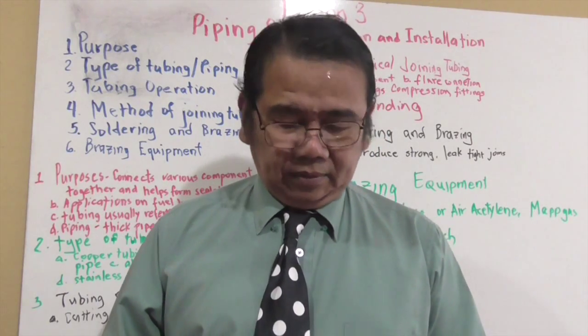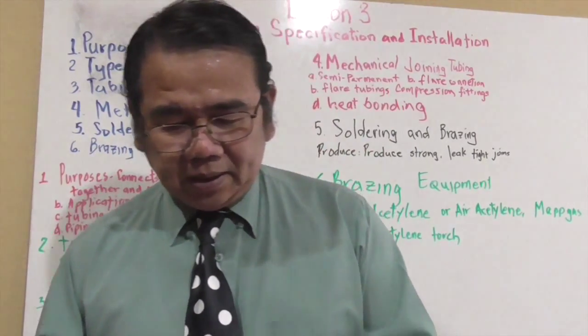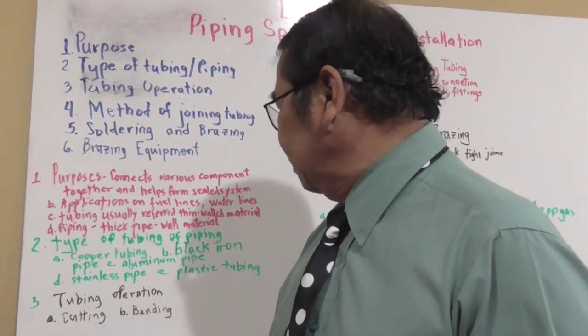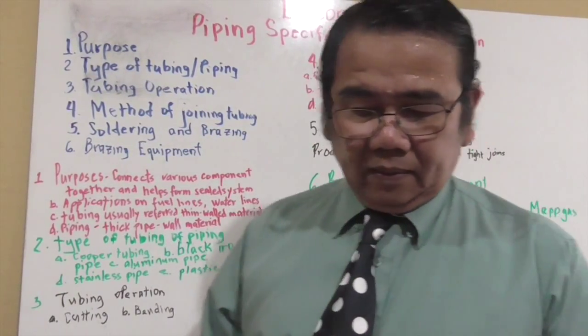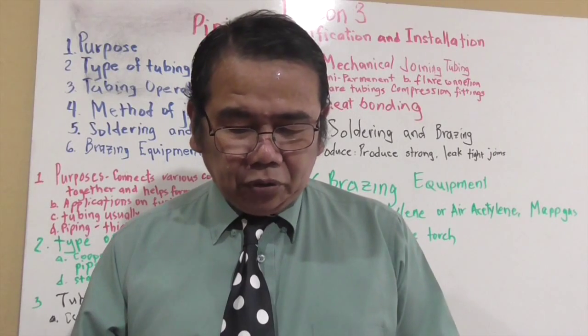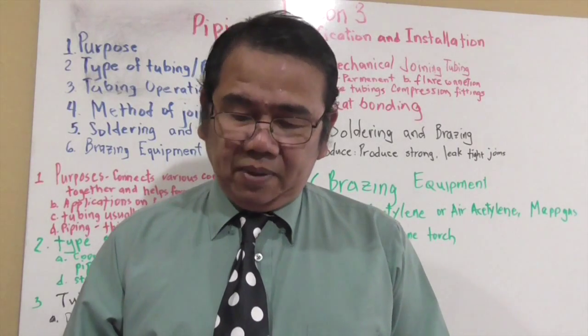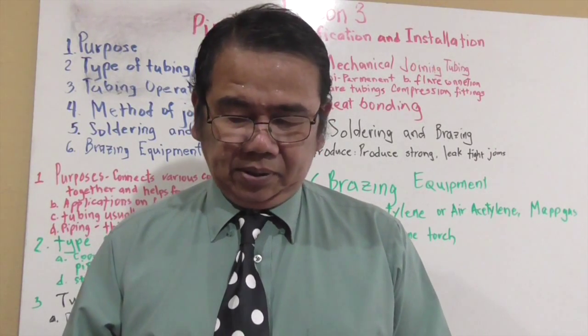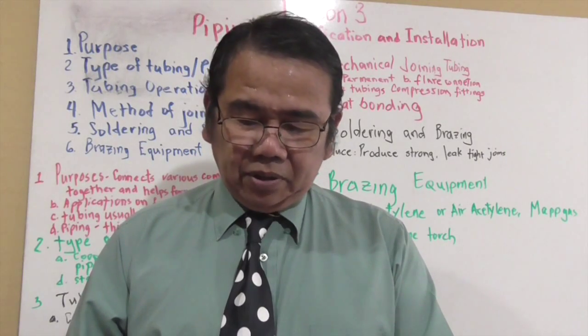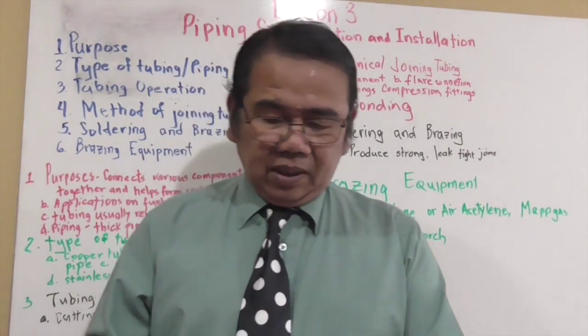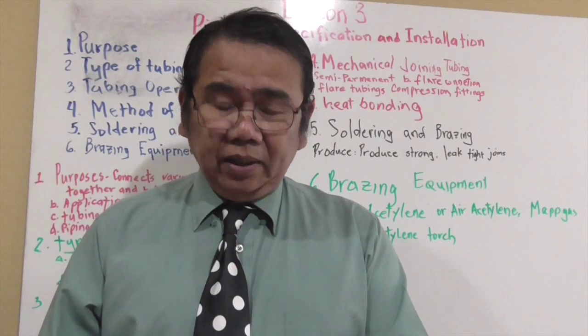Copper tubing. Okay, the type of tubings and pipings. Copper tubing is used in refrigeration systems and water systems. When used in refrigeration systems, it may be annealed copper.